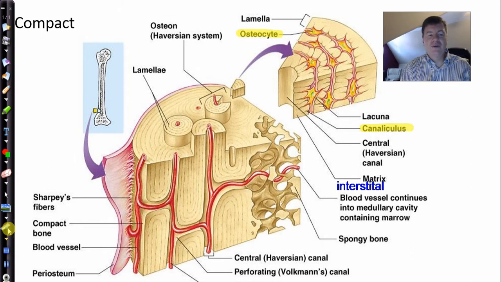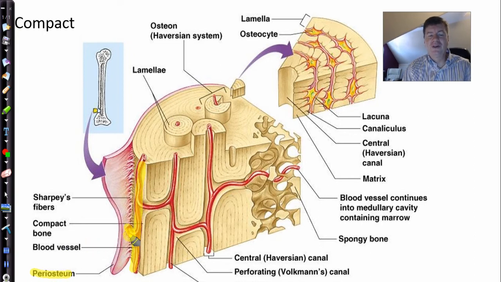So that gives you a pretty good take on compact bone. We need to also then figure out how we're going to nourish it. The periosteum you see down here is this tough, fibrous connective tissue that makes up the outside of the bone, but it also has these periosteal blood vessels that are part of it as well. Remember, peri means around or on the outside of, and then osteo, bone.